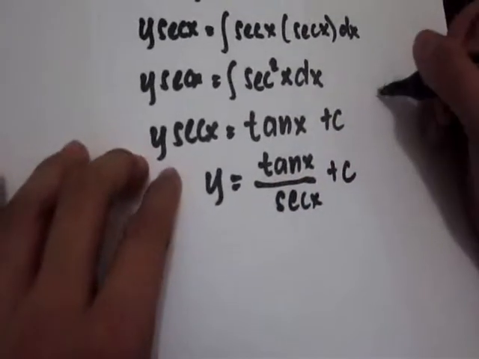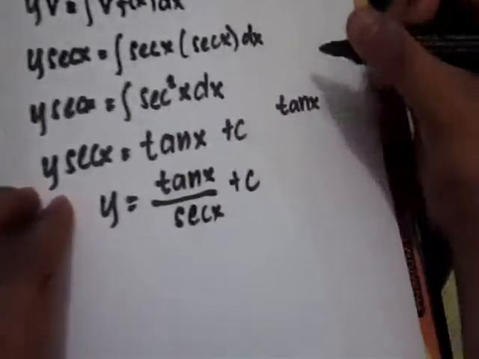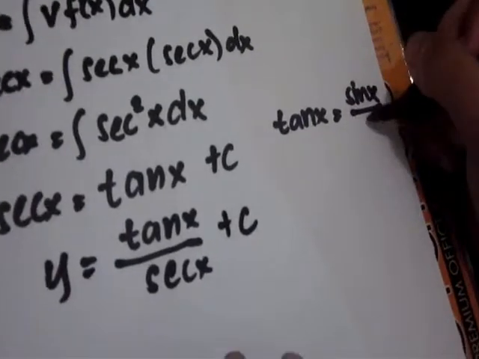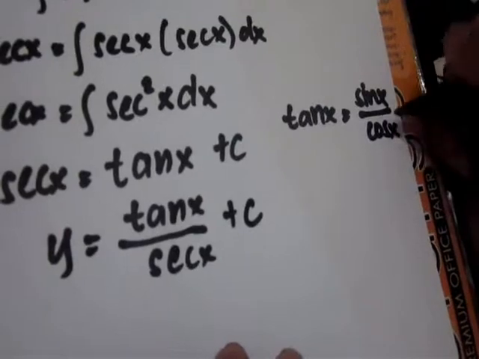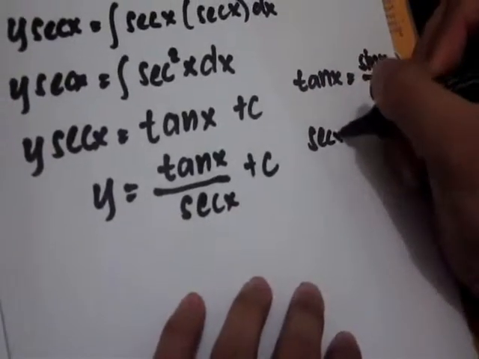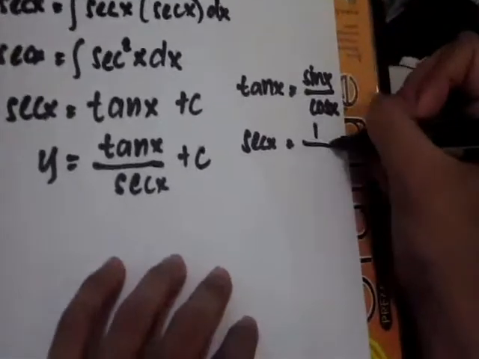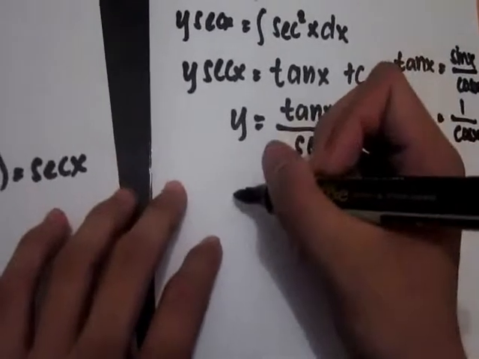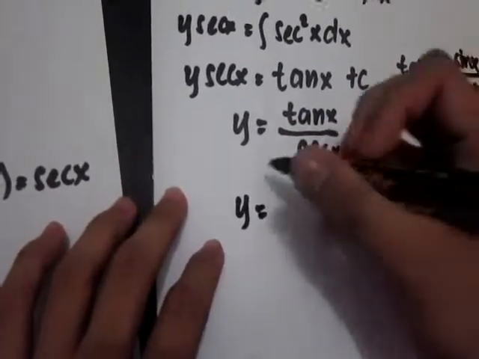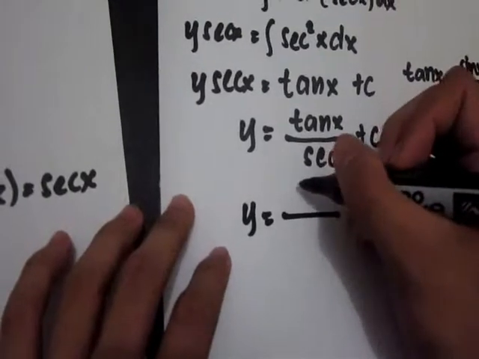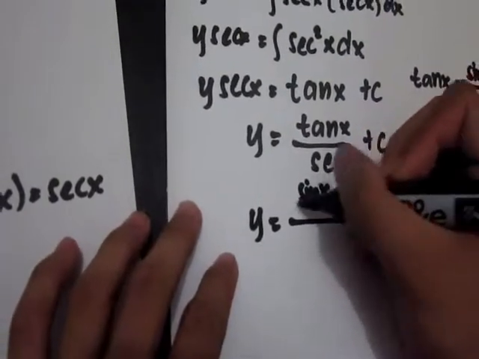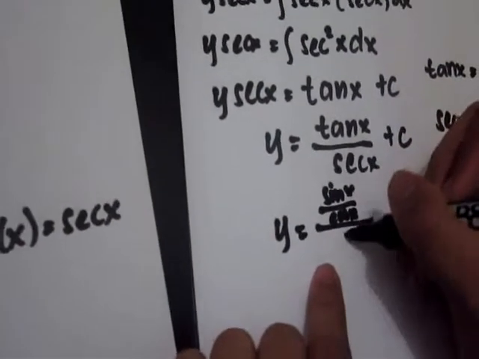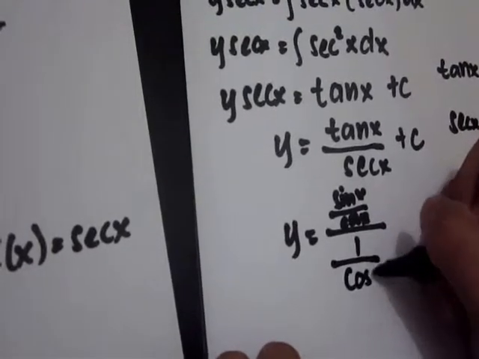Recall that tangent of x has the identity sine of x over cosine of x, and secant of x also has the identity of 1 over cosine of x. So by substituting these identities in the equation, it will now become sine of x over cosine of x, all over 1 over cosine of x.